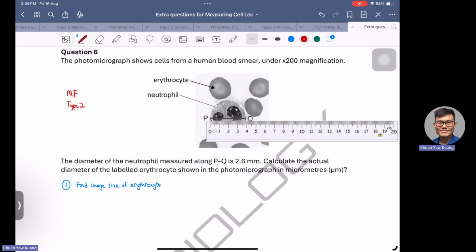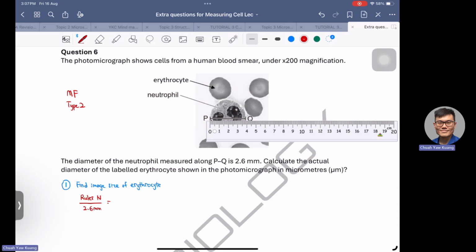When we use our ruler to measure the neutrophil, that's ruler N, then we divide by the actual measurement that's given, which is 2.6 mm.